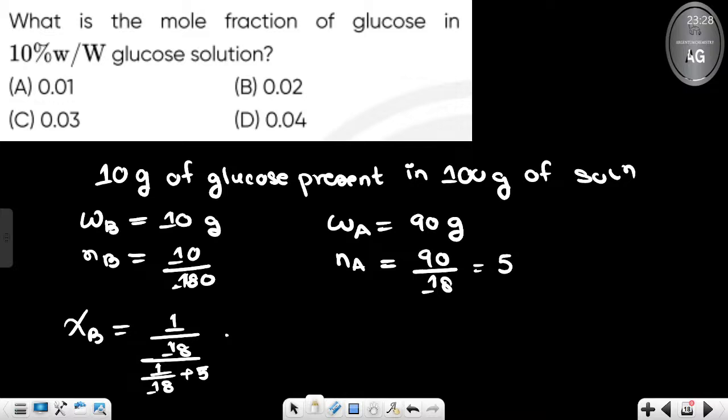So 1 by 18 is about 0.05. This should be 5 plus 0.05, right? 5 plus 0.05 will be 5.05.